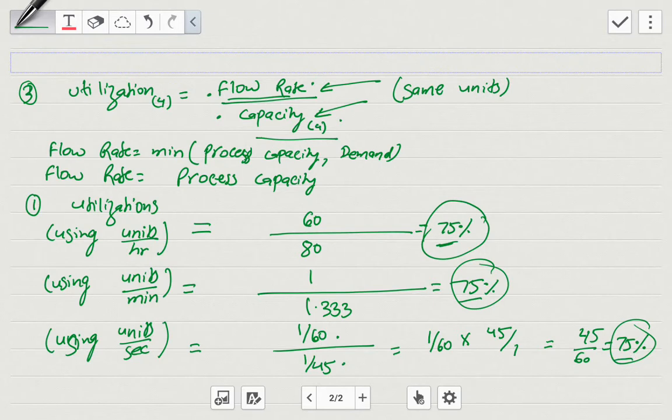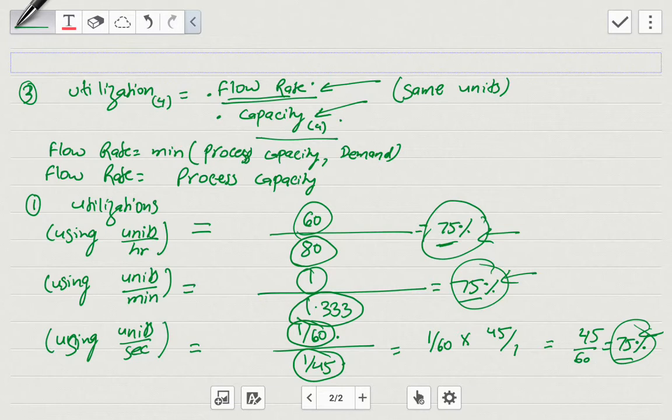This makes sense. What this is saying is station 4 is 75% utilized. It has the capacity of producing 80 units per hour, but it only has to produce 60 units per hour. Another way to say it is, it has the capacity of producing 1.33 units per minute, but it only has to produce 1 unit per minute. Another way to put it is it has the capacity of producing 1 by 45 units per second, but it only has to produce 1 by 60 units per second.